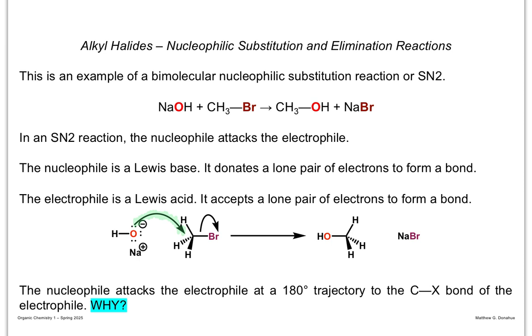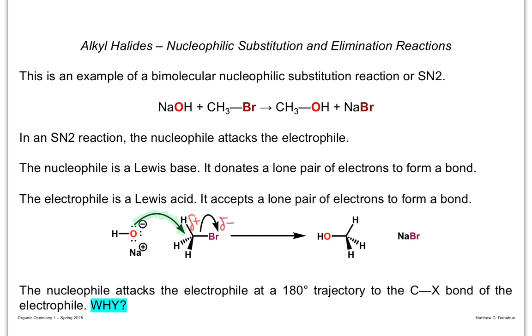Notice the arrow starts at the lone pair, and it's pointing to that delta positive carbon. So the arrowhead where the electrons are going are pointing to something electropositive. So we're making an OC bond, and you already know from the Lewis dot rules that carbon can only form 4 bonds, so you have to break an existing bond.